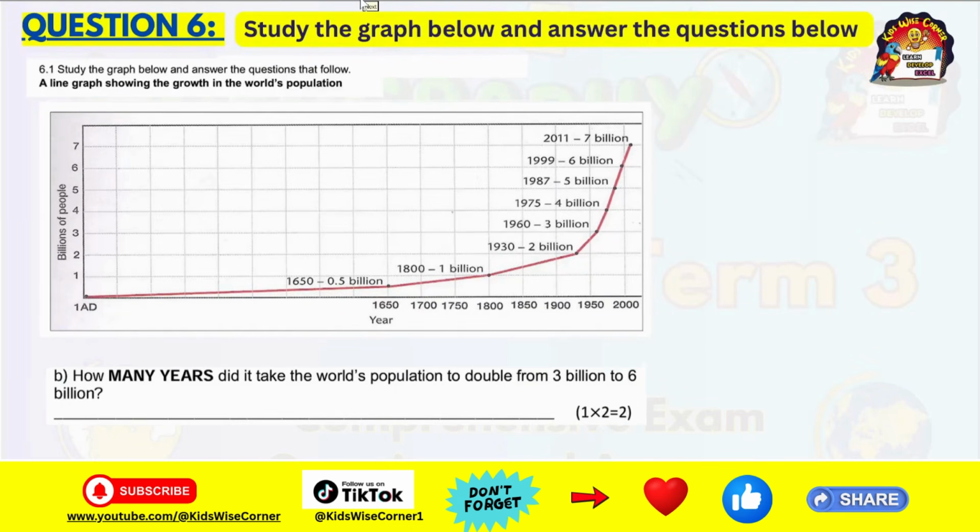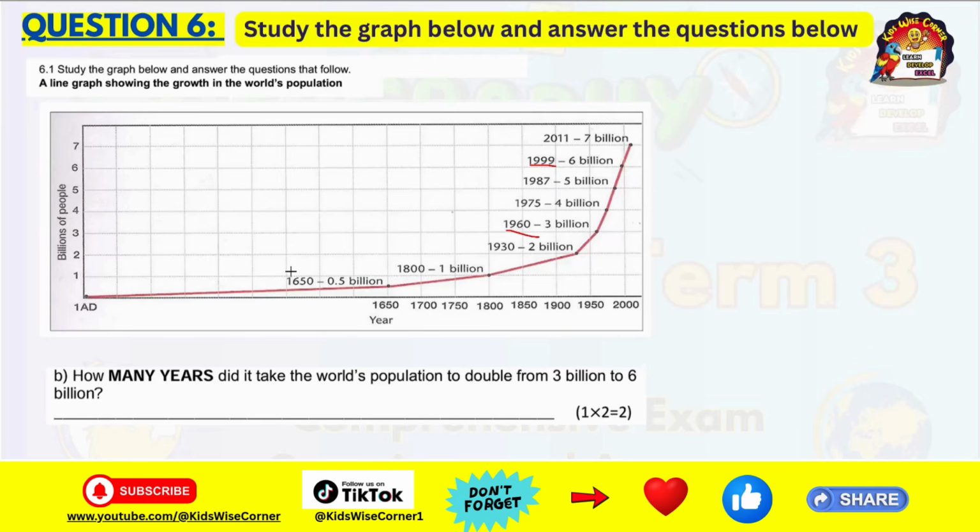How many years did it take the world's population to double from 3 billion to 6 billion? If we look at 3 billion, it's in 1960, and we got 6 billion in 1999. So how many years did it take?